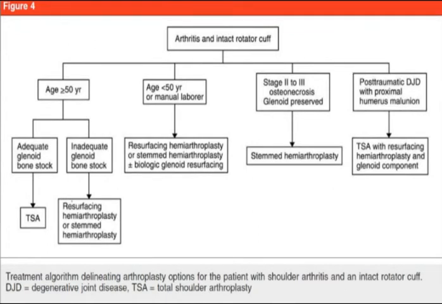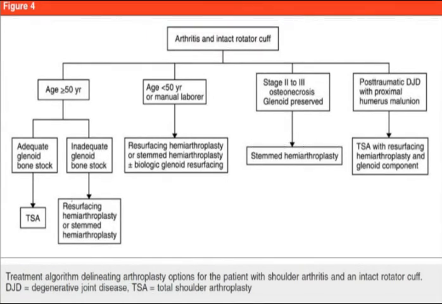And if there isn't much glenoid bone stock, a hemiarthroplasty is the best option for those people. If they are younger than that and manual labourers, that becomes a bit more difficult, so the resurfacing hemiarthroplasty is an option. And for the glenoid side, the biological glenoid resurfacing will be the treatment of choice in them.